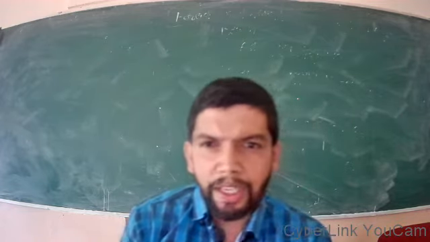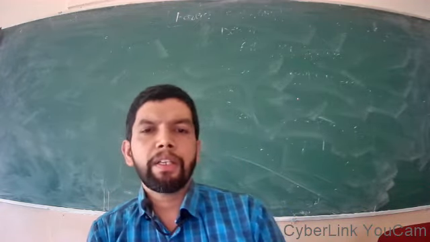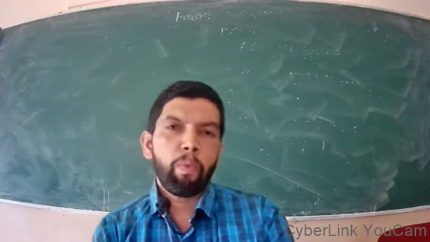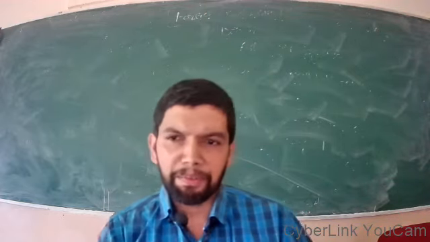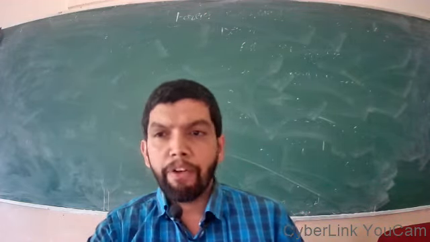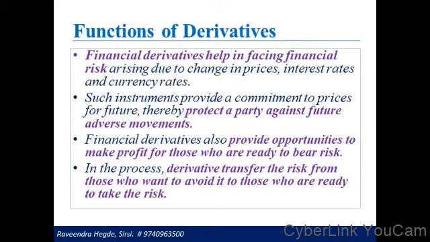Friends, in this process, the derivative market simply takes away the risk of one party and places it on top of the other. So the third function is: financial derivatives also provide opportunities to make profit for those who are ready to bear a risk. In the process, derivatives transfer the risk from those who want to avoid it to those who are ready to take the risk.